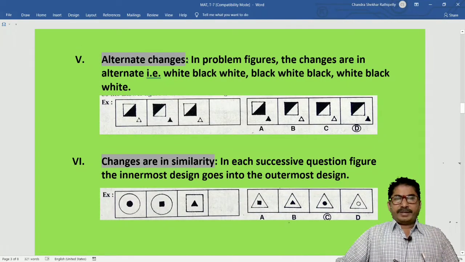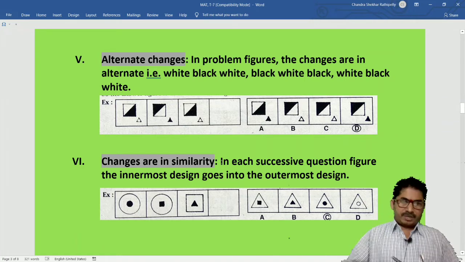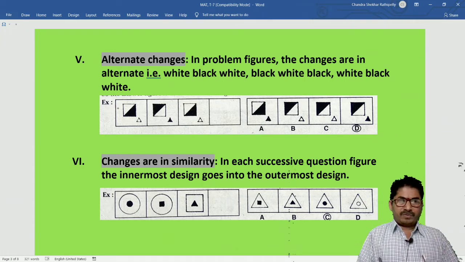Next, alternate changes. In problem figures, the changes are in alternate. That is, if we observe this, white, black, white. In the first figure we have white, black, white.